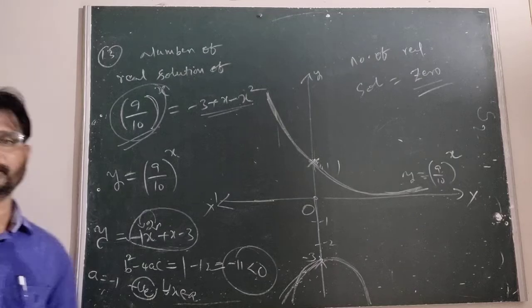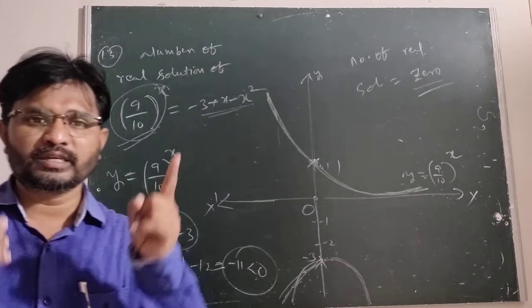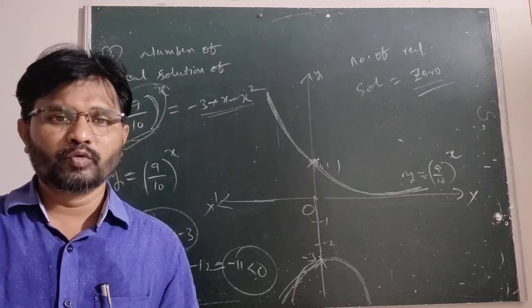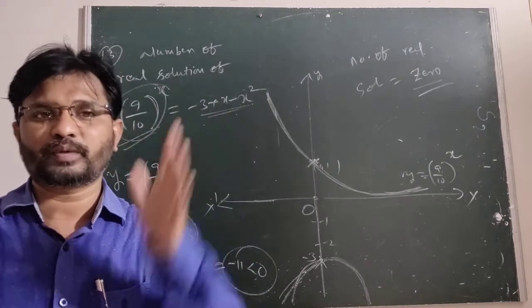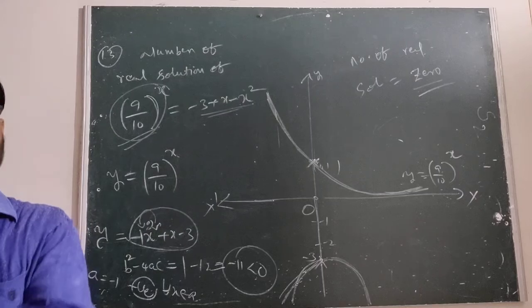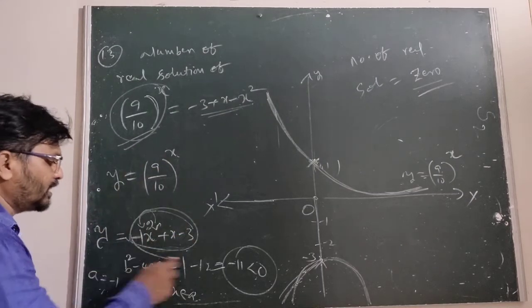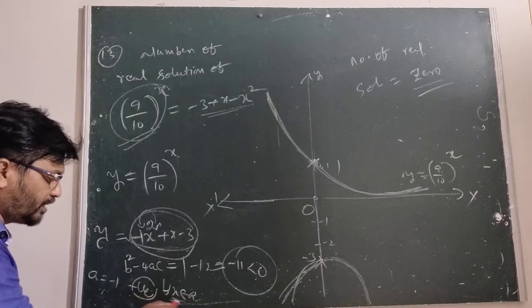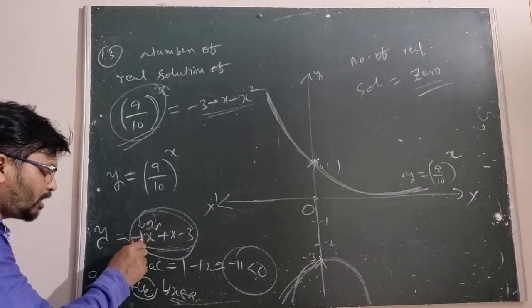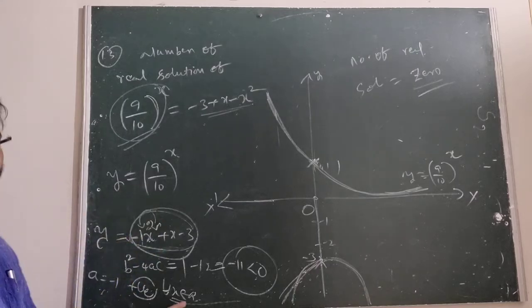That is the theorem we know from previously. So when the discriminant is less than 0, the sign of the expression is always based on the coefficient of x².